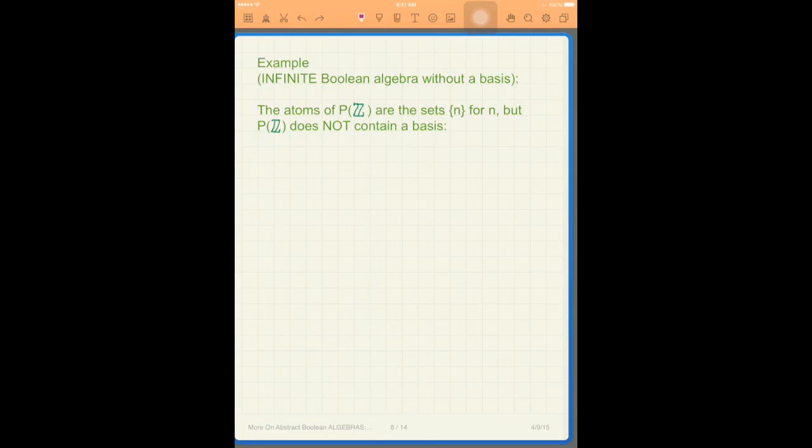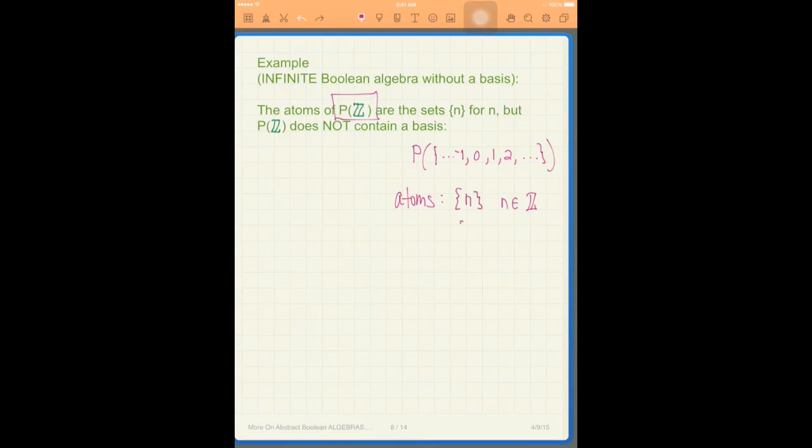If you look at the power set of negative 1, 0, 1, 2, etc., the atoms would be the minimal building blocks, which would look like this: just your sets {n} where n is an integer.